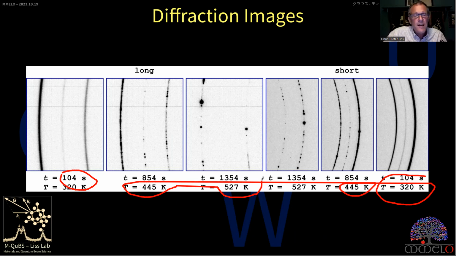We also can estimate the grain size from the distribution of the spots on the rings. We can count how many spots we find on one ring.